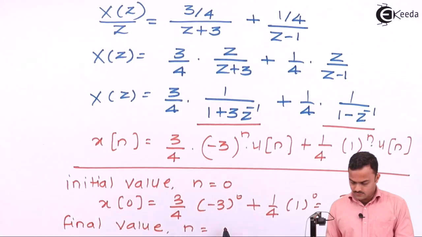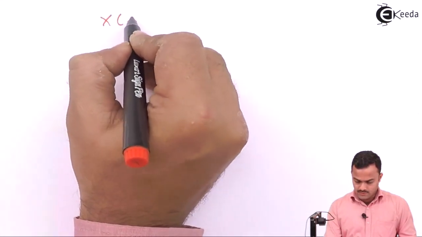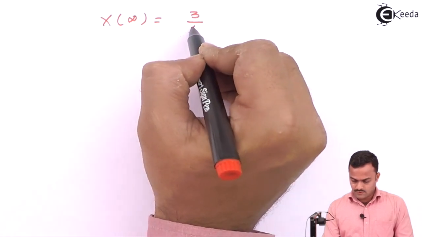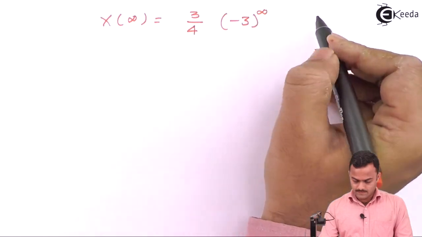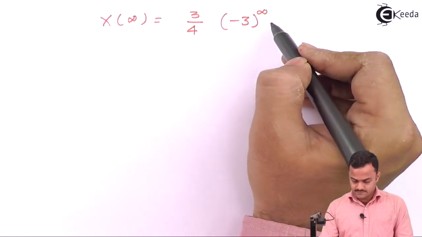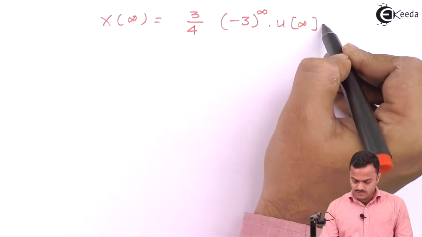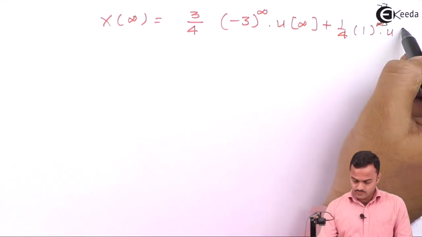And the final value, for n equal to infinity, x of infinity is 3 by 4 times minus 3 raised to infinity into u of infinity, which is 1 only, plus 1 by 4 times 1 raised to infinity times u of infinity.